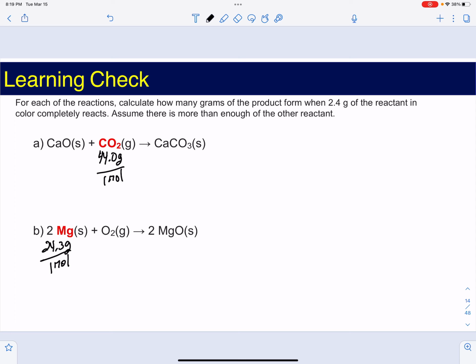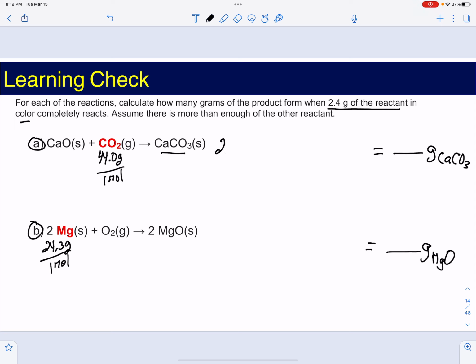For each of these reactions, reaction A and reaction B, calculate how many grams of the product. We're going to find the grams of calcium carbonate for the first one, and the grams of magnesium oxide for the second one, when 2.4 grams of the reactant in color are used.